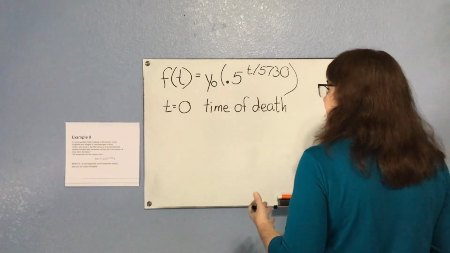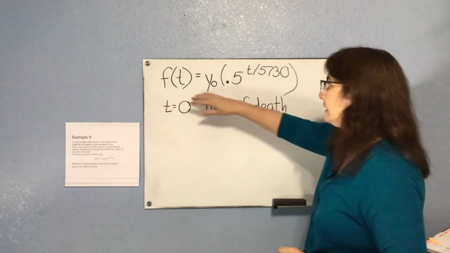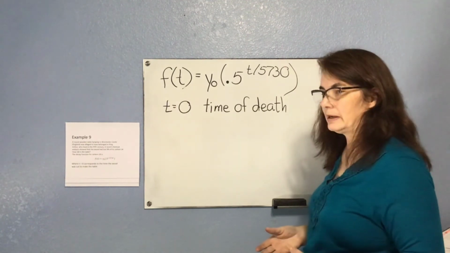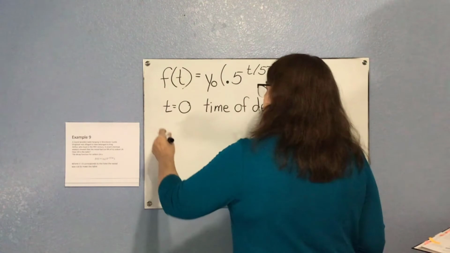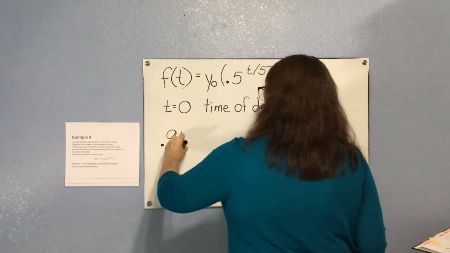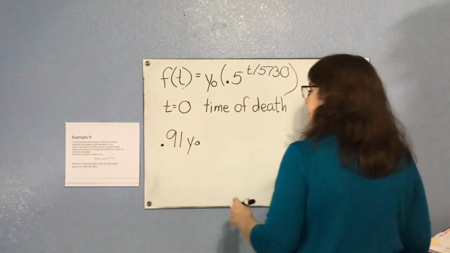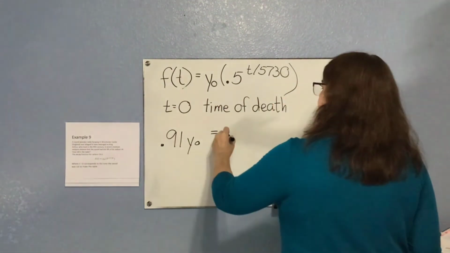It said it's lost 9%. Our problem tells us that f of t is 91% because 9% has disappeared. So we're going to write f of t as 0.91 of y sub 0, the amount we had at the beginning. 9% is gone, 91% is left.